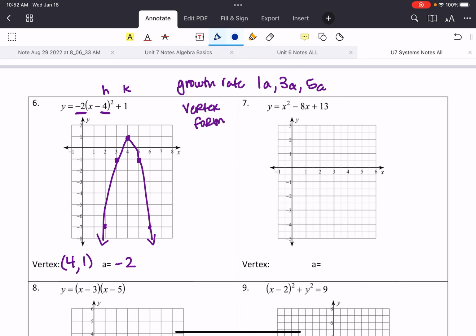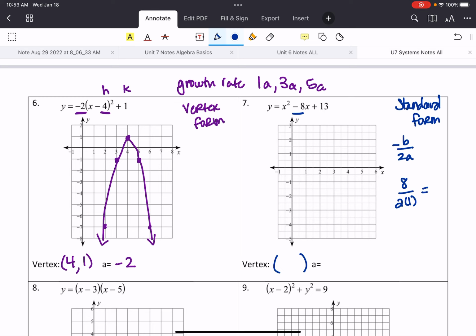Okay, the next one is in standard form. To find our vertex in standard form, I am going to do -b over 2a and then plug it in to get the y point of my vertex. So in this equation, my b is -8, so -(-8) over 2 times 1, since a is 1.